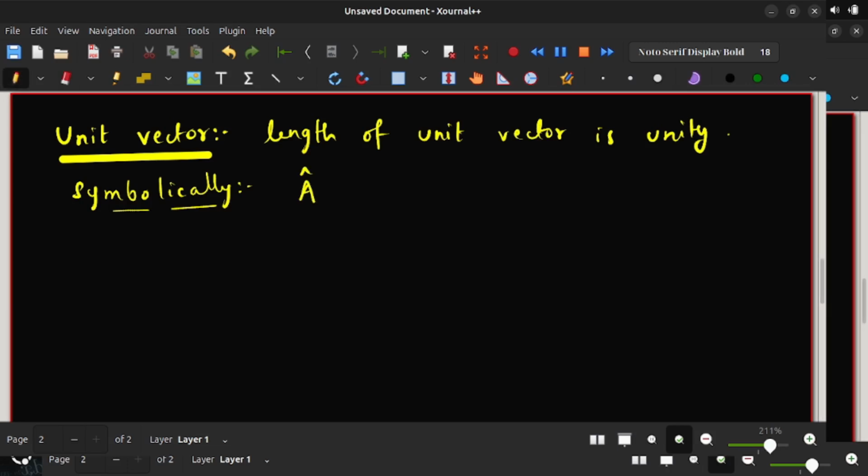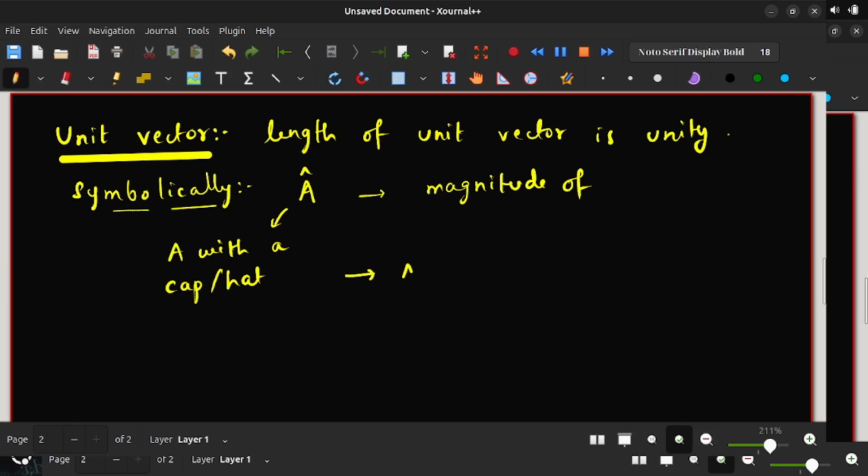A cap. Okay. And what will be the magnitude of A cap? So I said A with a cap, or hat. Sometimes people say hat. So there's no arrow, it's a cap. So the magnitude of A cap is equal to 1.